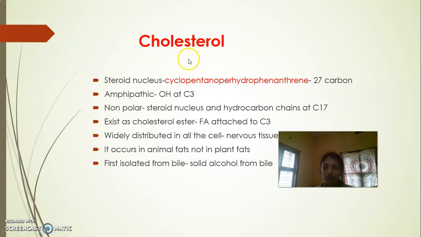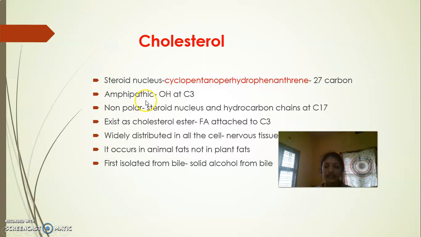The cholesterol consists of a steroid nucleus, which is chemically called cyclopentanoperhydrophenanthrene ring, having 27 carbon atoms. They are amphipathic in nature because they act as a polar and the non-polar molecule.